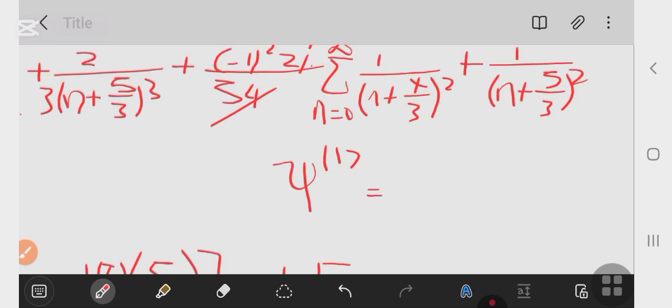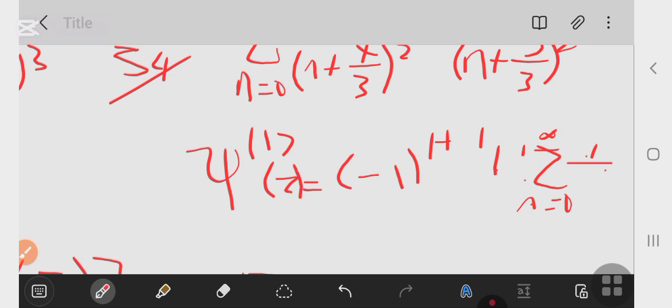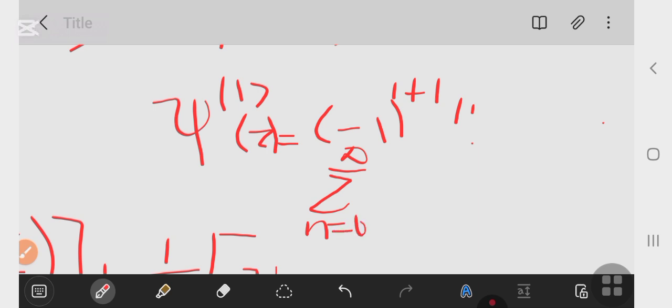It is minus 1 to the power of 1 plus 1 all into 1 factorial. 1 factorial is 1, then the rest is the sum of n from 0 of 1 over n plus z to the power of 1 plus 1.